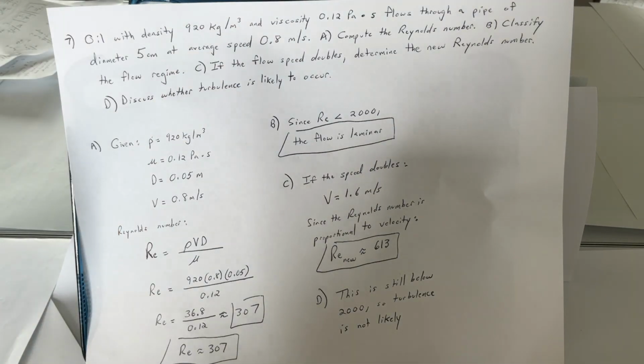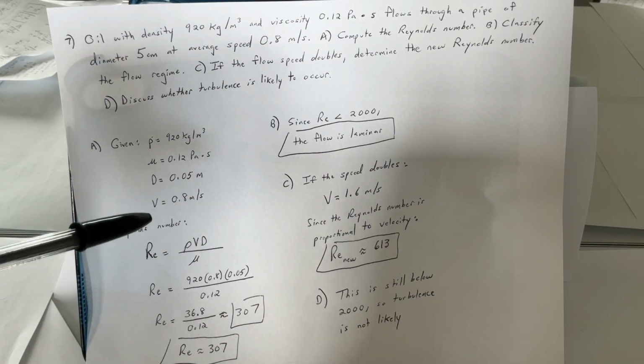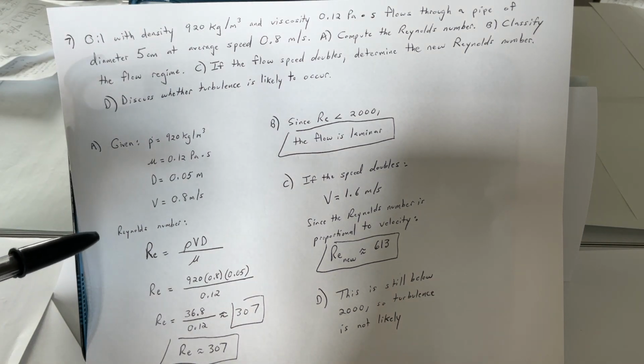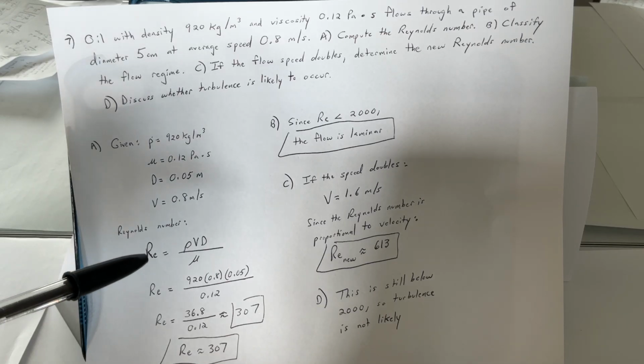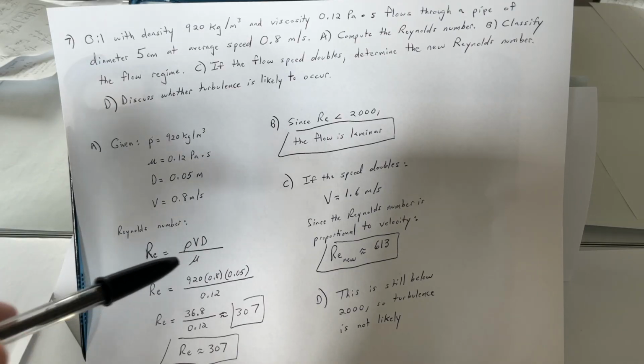Okay, so for part A, we want to compute the Reynolds number. We're going to list what we're given, and make sure to convert 5 centimeters to meters. That being said, the Reynolds number, Re, equals rho V D over mu.